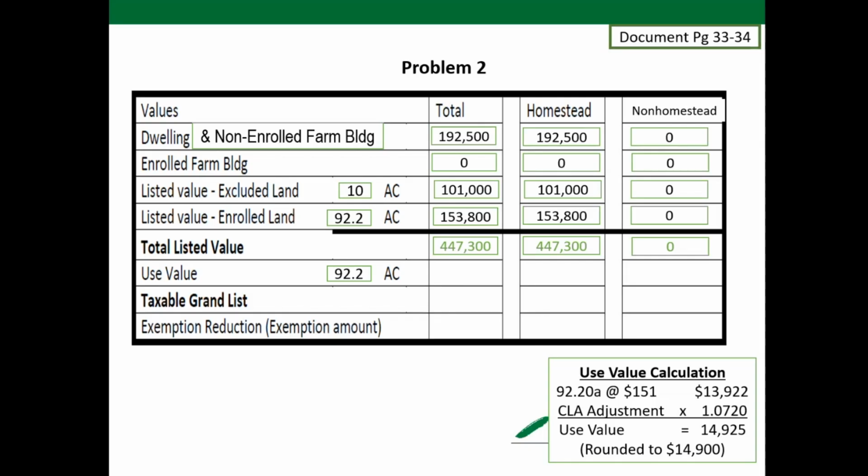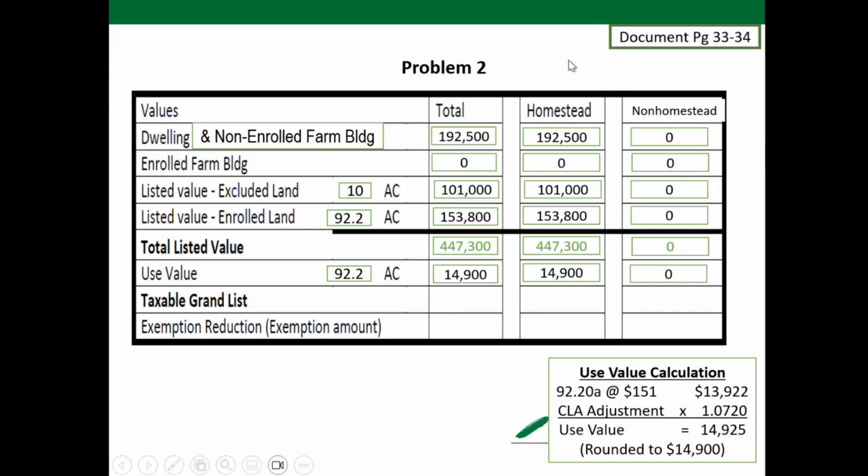And then I have to multiply my CLA, which in this example was 1.0720. That gives me a use value of 14,925. Rounded to the nearest hundred is 14,900. The beauty is this will be in the program for you, but we like to show people because it's a really good thing to understand how it works.